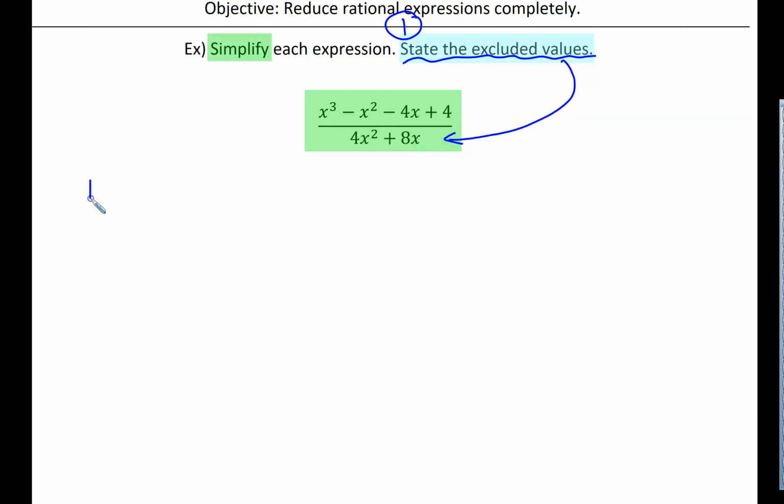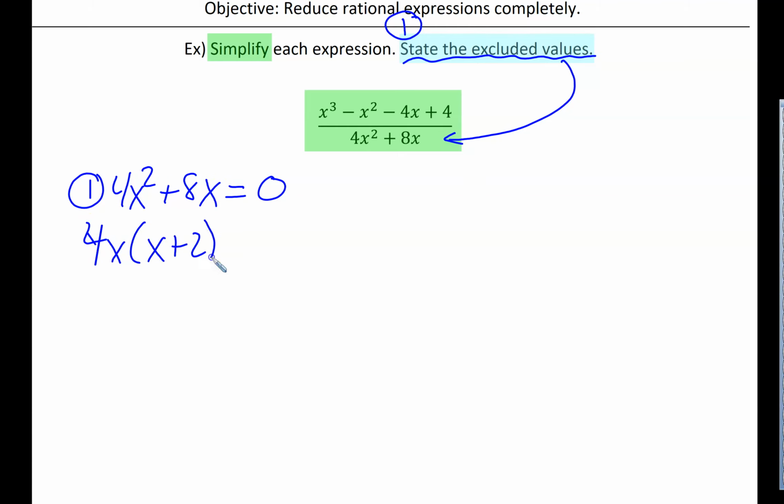So the first thing I would do would be to look at that denominator of 4x squared plus 8x, and I want to know for what values of x is that denominator equal to 0. So this is like solving a simple little quadratic equation. Here we have a GCF of 4x, so we factor that out, and that gives us x plus 2. And then with our zero product property, we set each of those factors equal to 0.